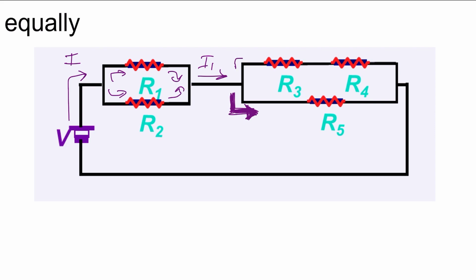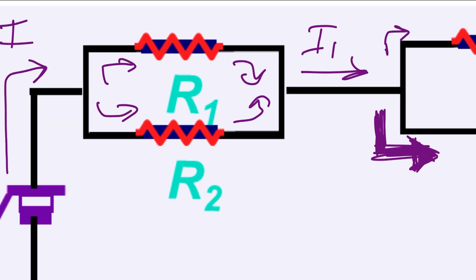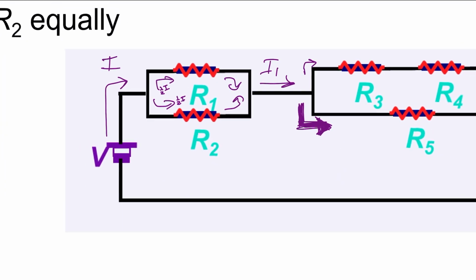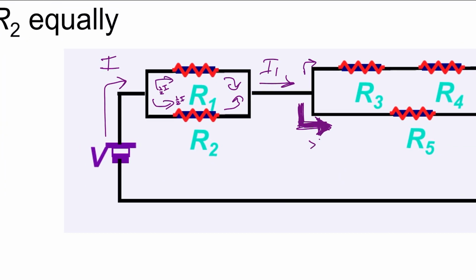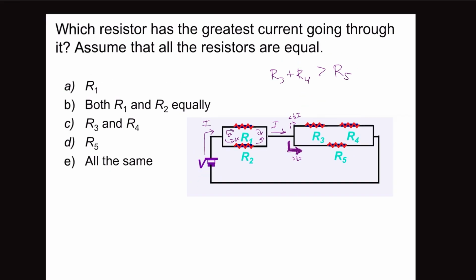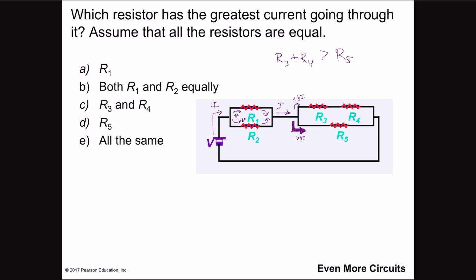And this is going to have a tiny little bit. So over here, it was like 1/2 I, 1/2 I, and then they combine back together. Over here, it's greater than 1/2 I, and it's got to then be less than 1/2 of that total current. All right, because that R5, that path has less resistance than the other. Therefore, right, which resistor has the most current going through it? That's going to be R5.